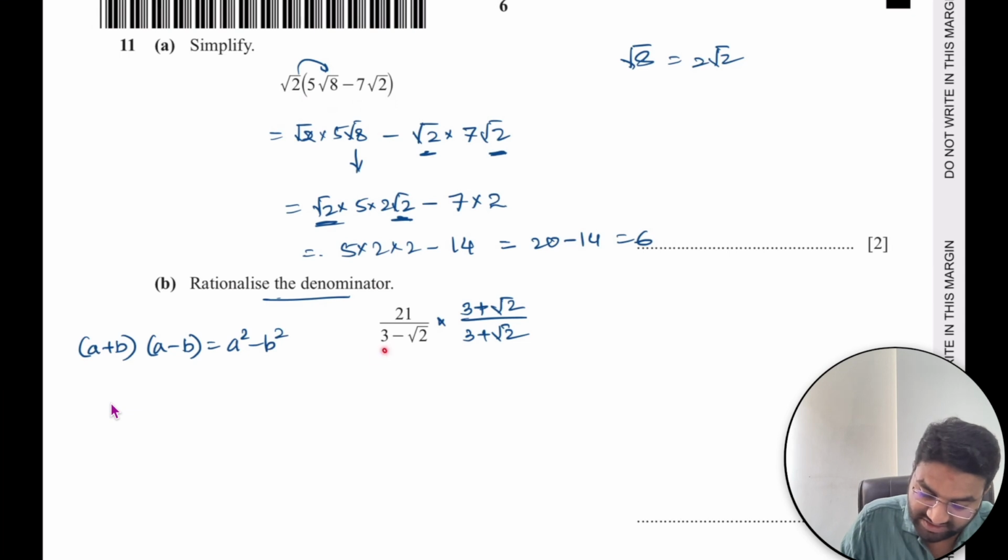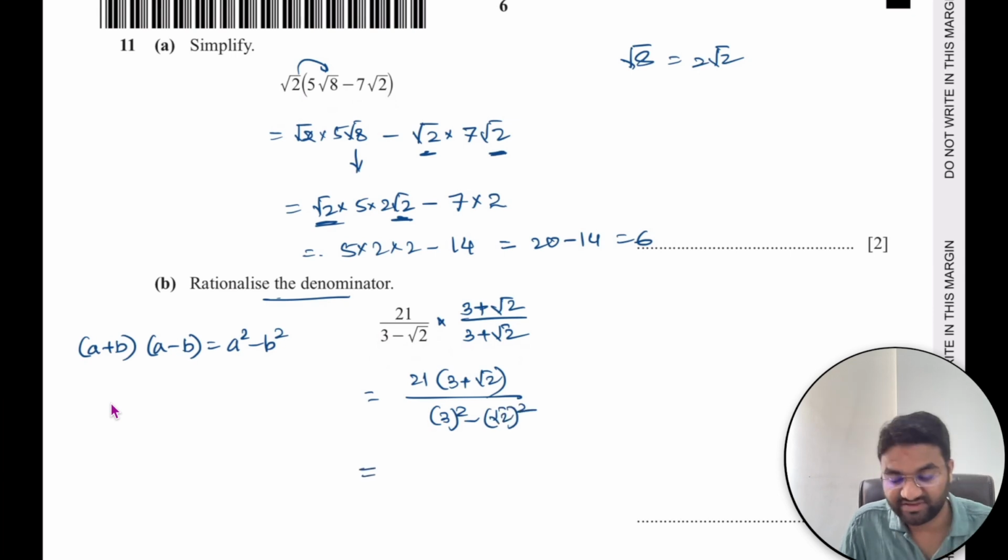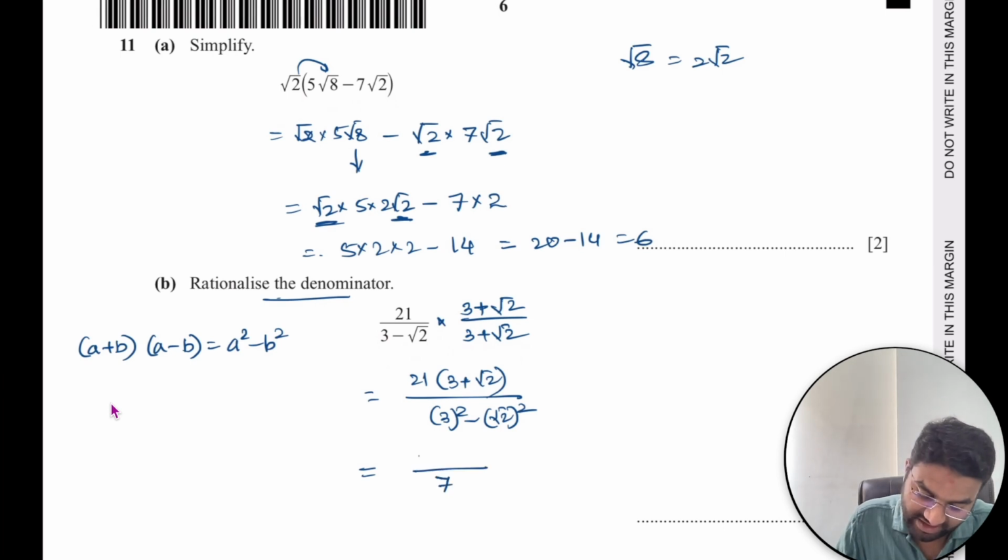So it will be 21 times 3 plus root 2 upon 3 square minus root 2 square. 3 square is 9, 9 minus 2 is just 7, and the numerator is 21 in bracket 3 plus root 2.